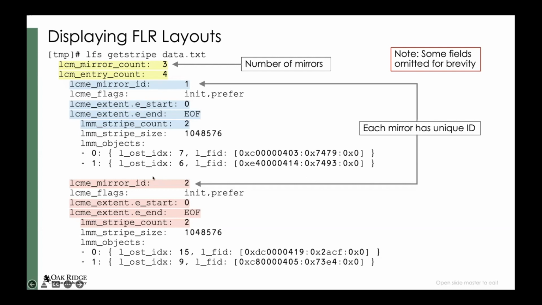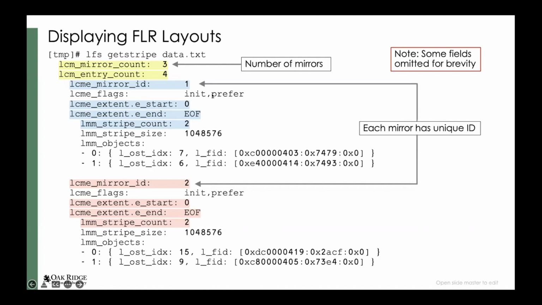The first 2 components here, you'll see that there's an LCME mirror ID field that is used to keep track of which mirror the component is part of. So in this case, the first two mirrors were normal layouts with a stripe count of 2, and so we have them here with mirror IDs 1 and 2. You'll notice that the flags are set, they've both been initialized.